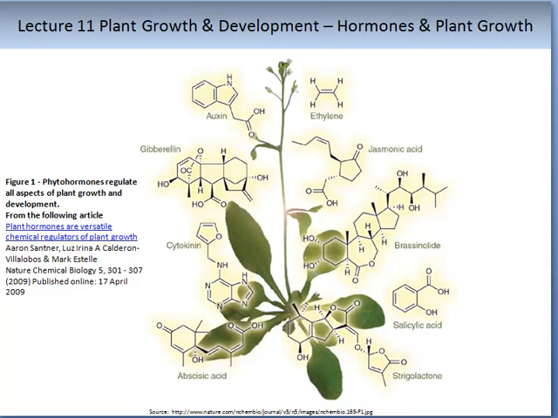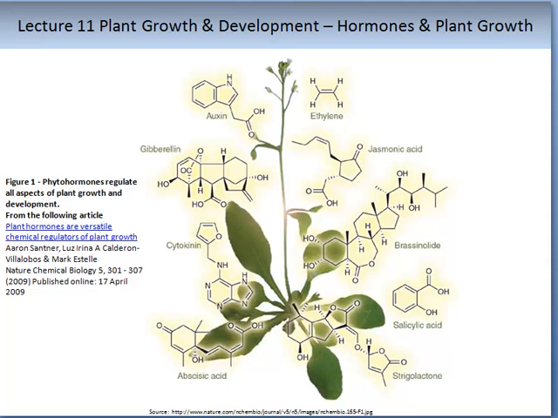This image is from a paper, Phytochromes Regulate All Aspects of Plant Growth and Development. It is from a paper published in Nature by the authors Santner, Calderon-Villalobos and Estelle. It shows you where the plant's hormones are regulated with respect to the plant.